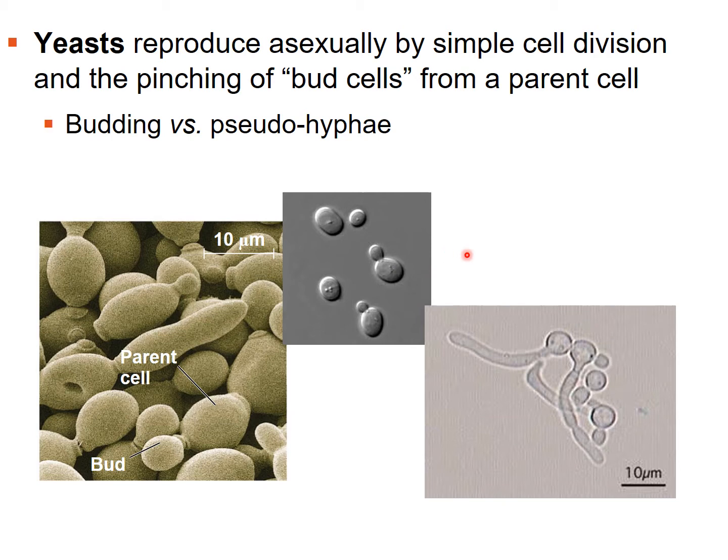Now, some of them produce what's called pseudohyphae. So remember, if you looked through the fungus lecture or read the textbook, you learned that hyphae are these long branching filaments. Now, yeast can produce what's called pseudohyphae. They're like fake hyphae. They look like hyphae, but it's not like hyphae. Hyphae are typically just basically one cell. Now, some of them do have cross walls.